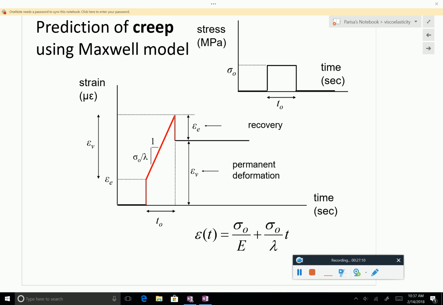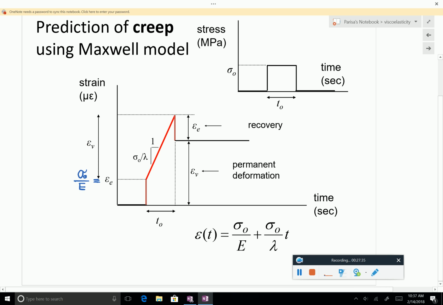So it should look something like that, right? The beginning is 0, then you have a jump, epsilon e, which is equal to sigma 0 over E. And then this is going to go up.